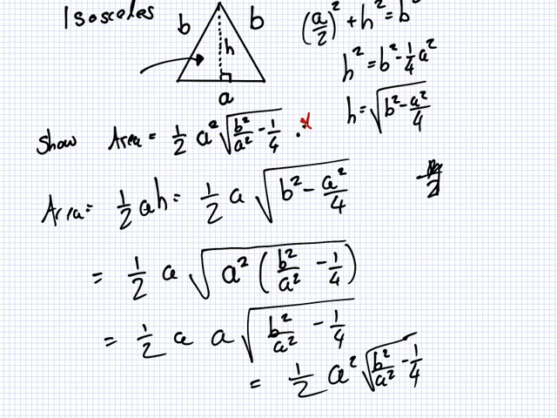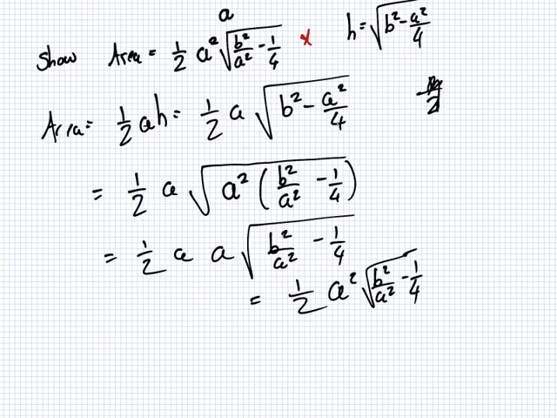Okay, so you said this is 1 over 2 ah, and then you found h. Cancel 1 over 2 and a. Yeah, that's fine. So you went backwards. That's fine. Okay. Can I scroll down? Yeah. Okay.